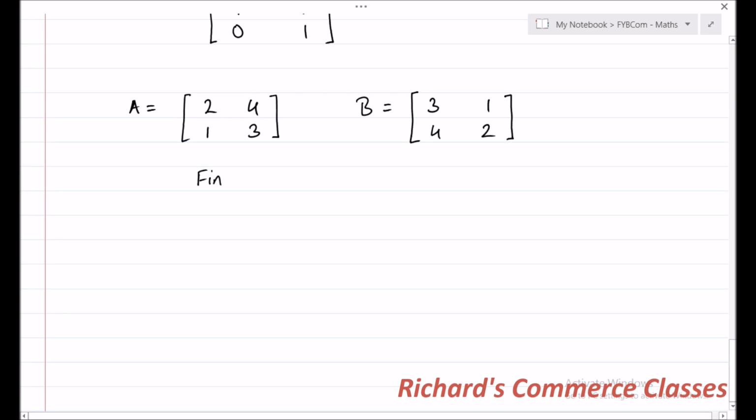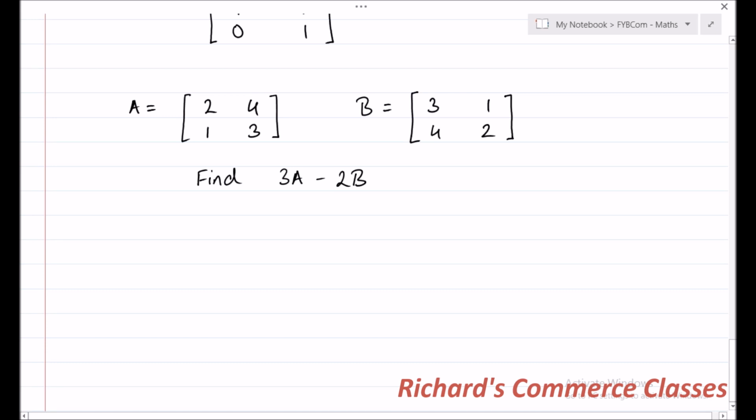Find 3A minus 2B. Now if you see, the subtraction is not A minus B, it is 3A minus 2B.